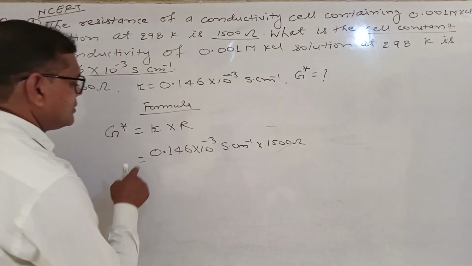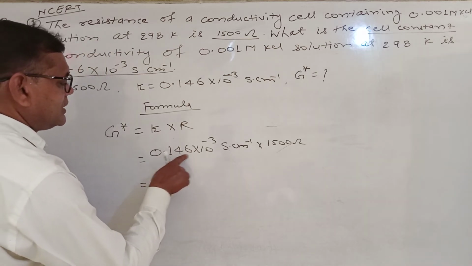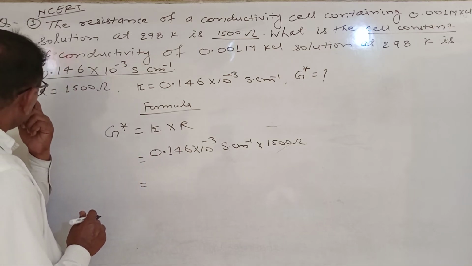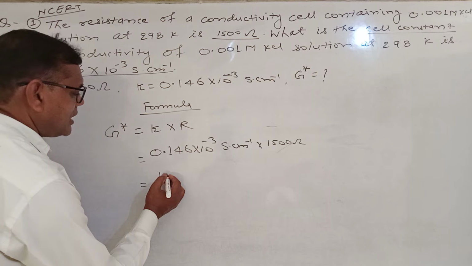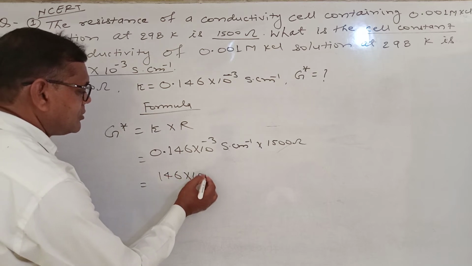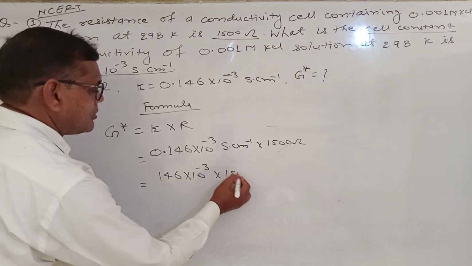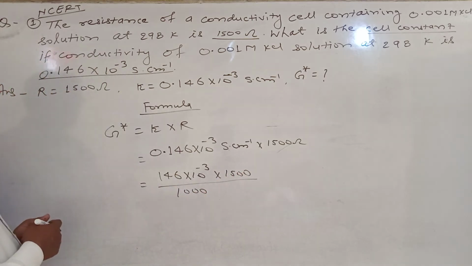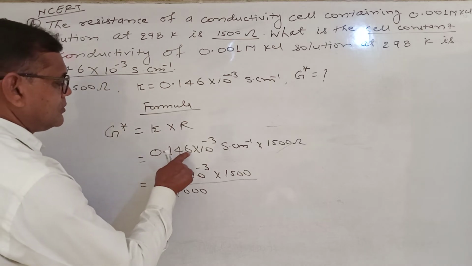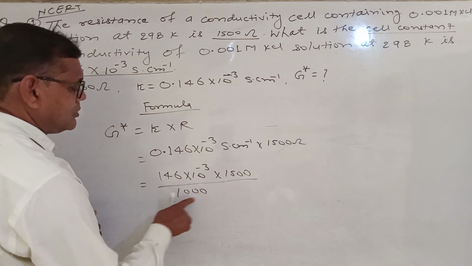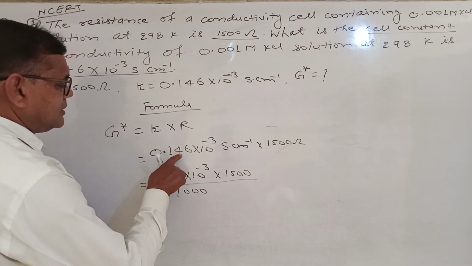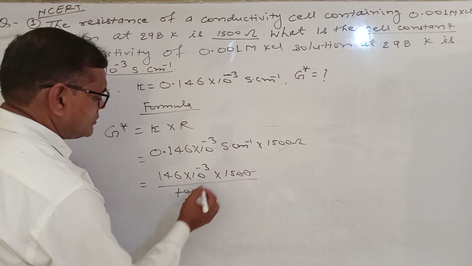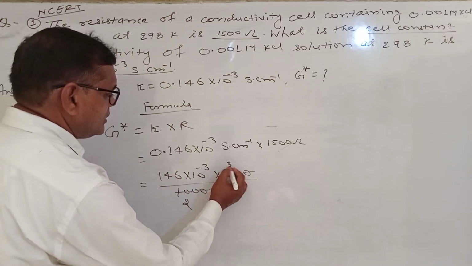Now we remove the decimal point. In the solution, there are 3 digits after the decimal point. Here we write 146 into 10 to the power minus 3 and 1500. The 3 digits of 0s cancel out.